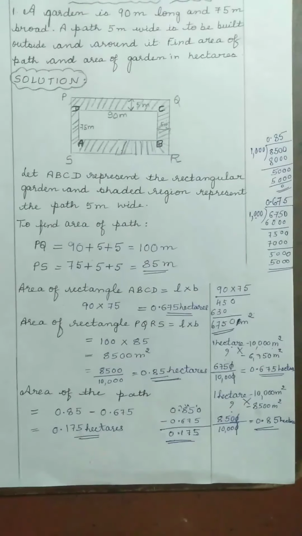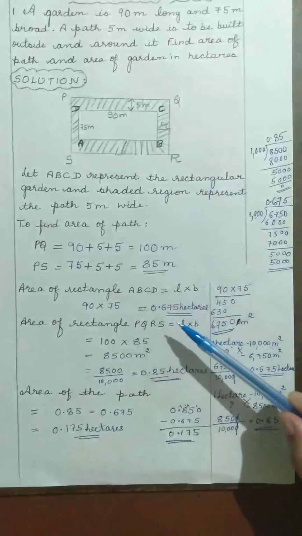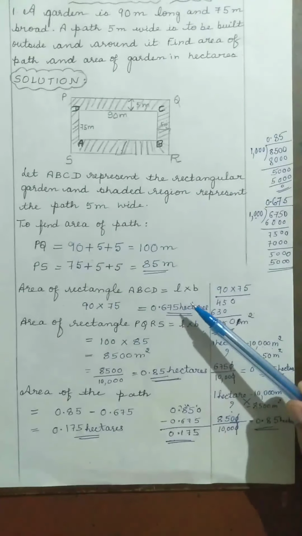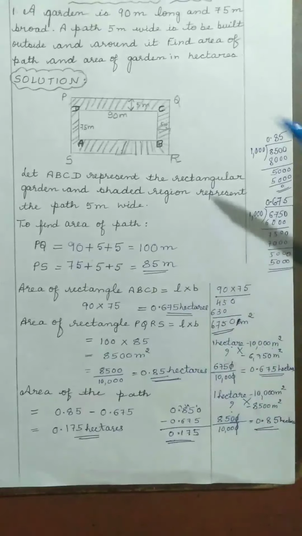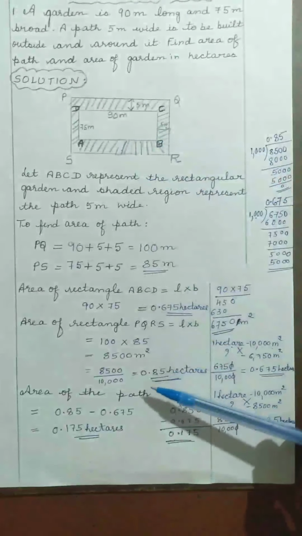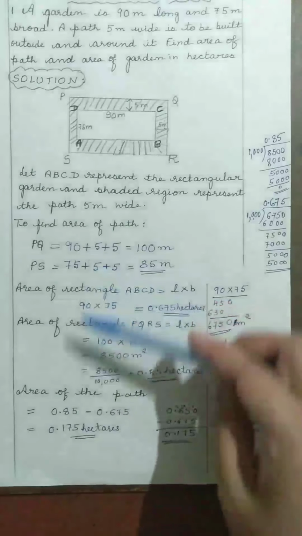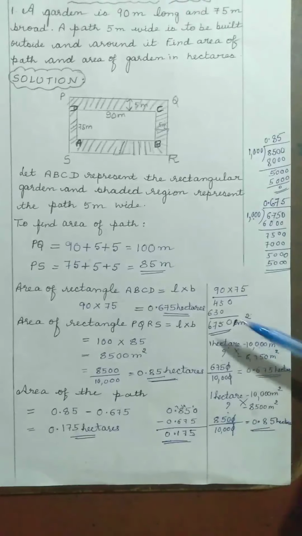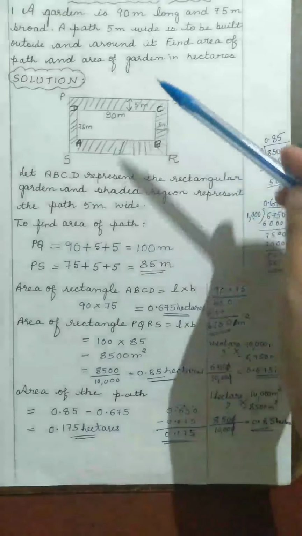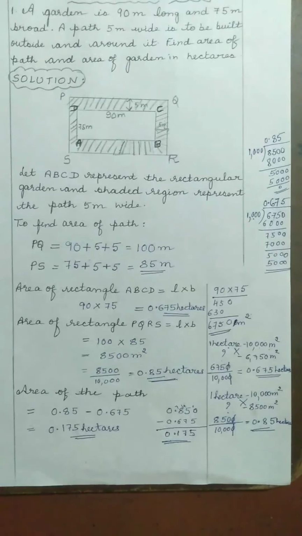And the area of the path is equal to 0.175 hectares. Area of the garden ABCD is equal to 0.675 hectares and the area of the rectangle PQRS is equal to 0.85 hectares. And this is the method, children, and these are the simplifications used in the first problem.